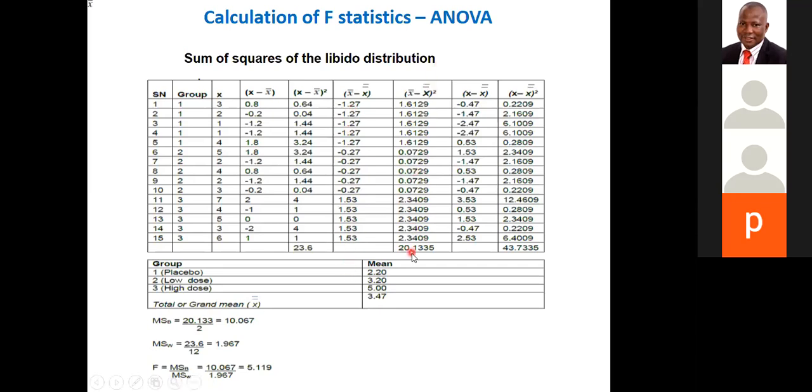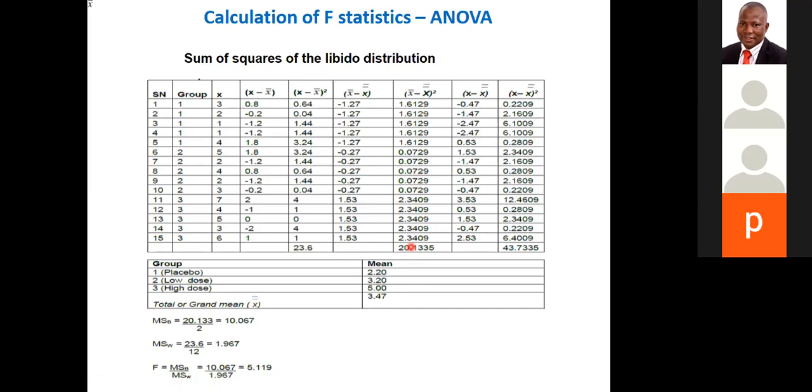When you square it, it gives you the sum of square between, because I'm looking at variation between the groups, while the first one is the variation within the group. The variation between and within the group should equal the total variation, which is the variation to be explained in the data set.